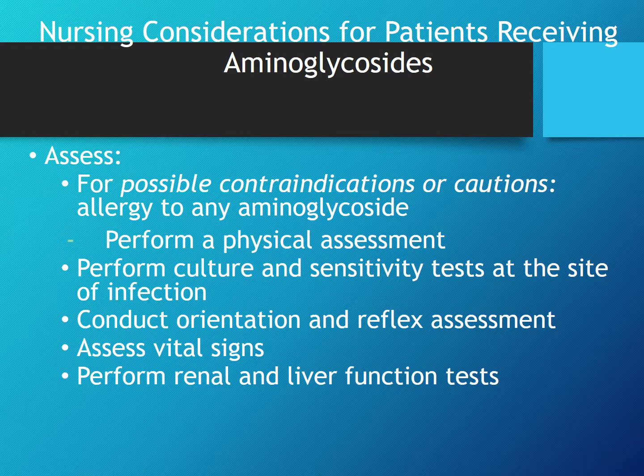And assessment of vital signs, of course, and performing liver and renal function tests, particularly since we know that aminoglycosides can impair renal function. We would be monitoring renal function, like looking at creatinine clearance, BUN testing, urine output, as well as serum drug levels and looking for signs of toxicity.